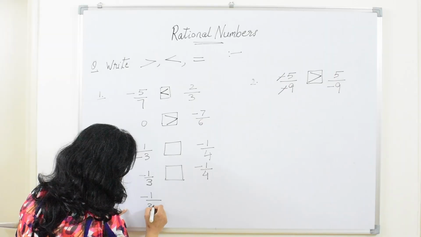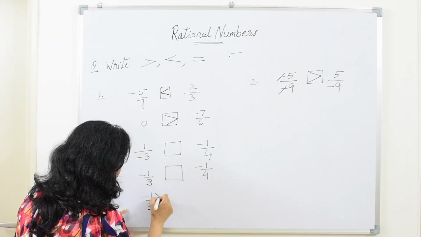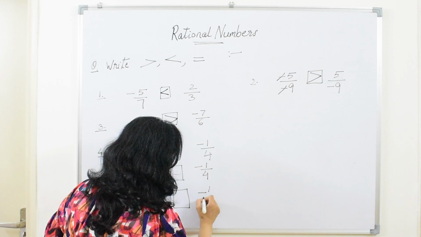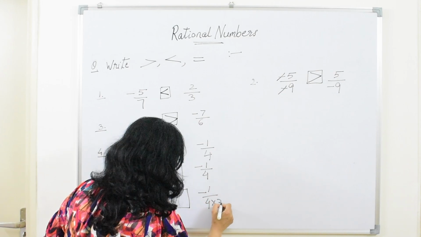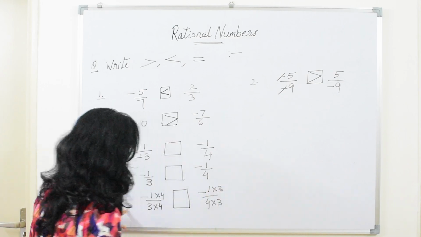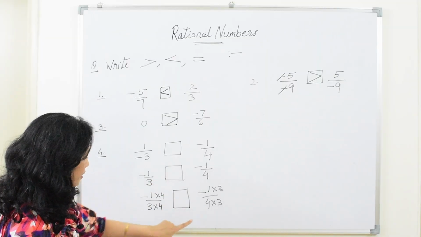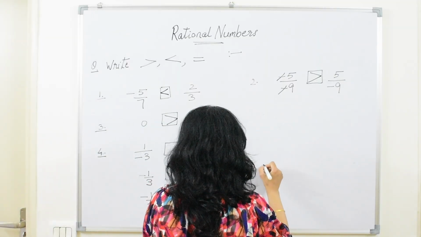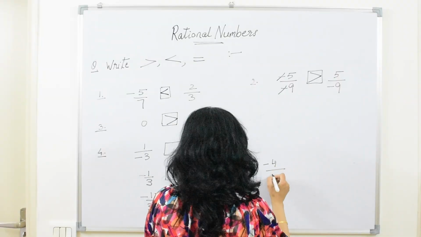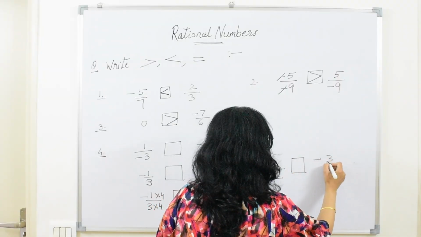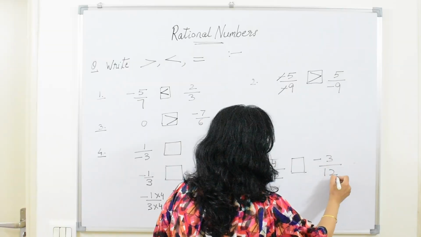Minus 1 by 3 multiplied by 4. Here we will multiply by 3 so that our denominators become same. So now we get minus 4 by 12 and minus 3 by 12.